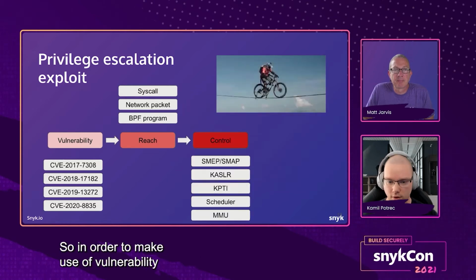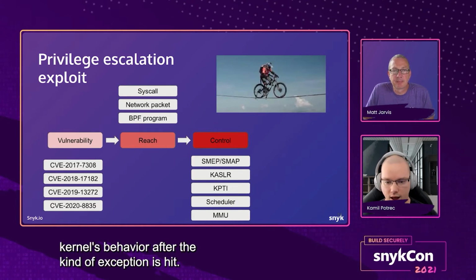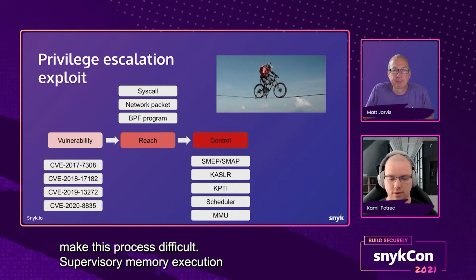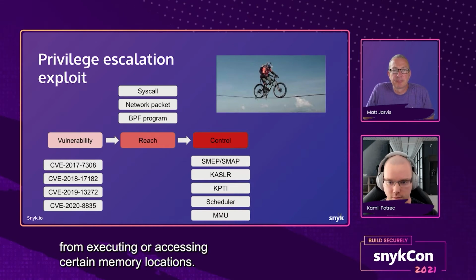So in order to make use of a vulnerability that we can reach, we need to be able to control the kernel's behavior after the exception is hit. There are a number of controls in the Linux kernel that make this process difficult. Supervisor mode execution and access prevention mechanisms basically stop us from executing or accessing certain memory locations.